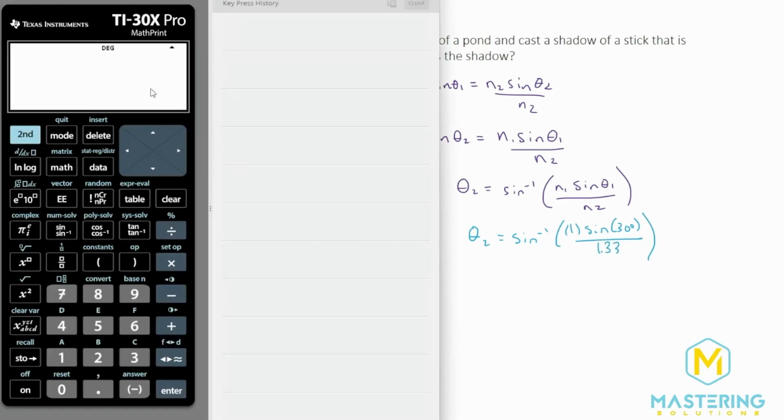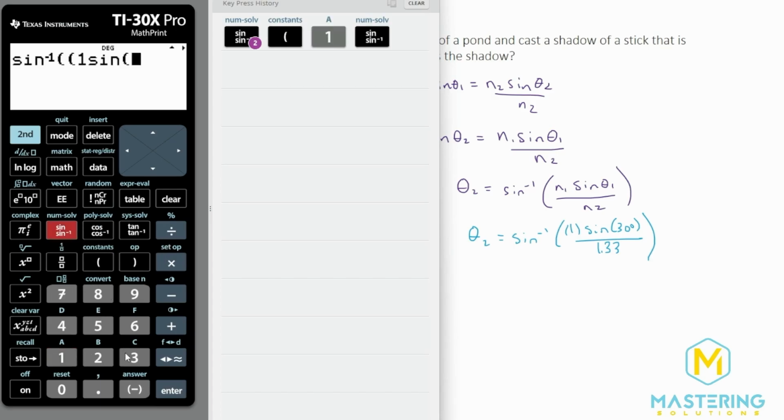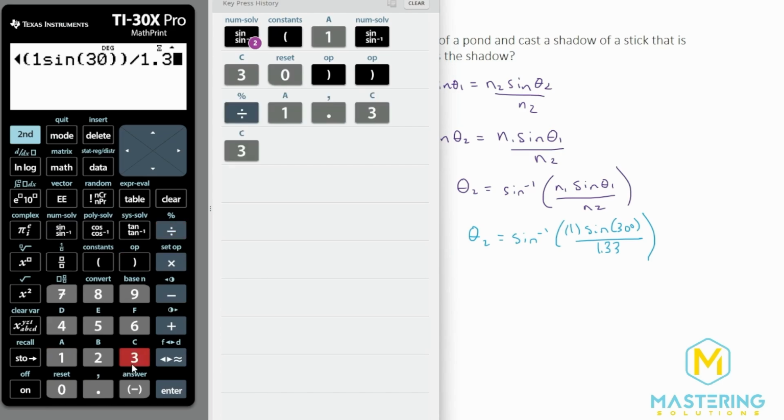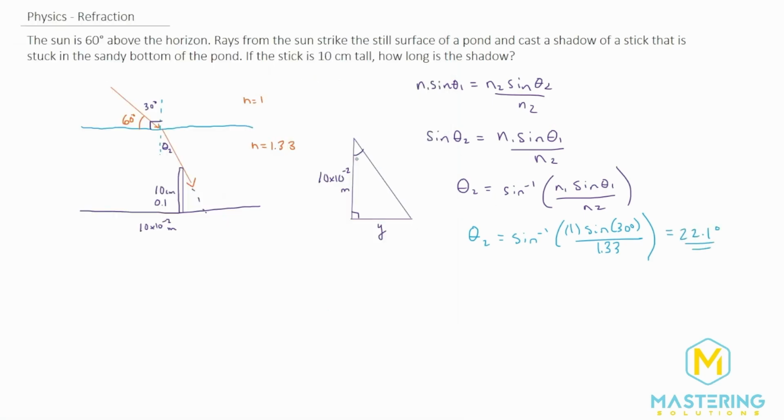And when we go to our calculator, as always, make sure it's in degree mode since we want a degree. And we're going to have inverse sine of 1 times sine of 30, divided by 1.33. So the angle is 22.1 degrees. And so that is this angle right here.